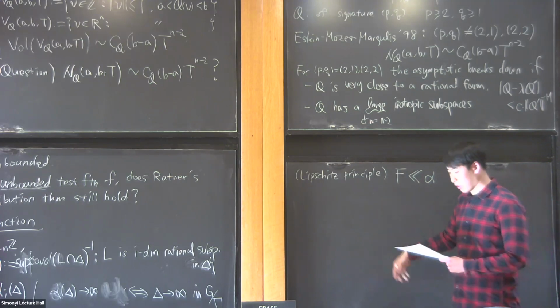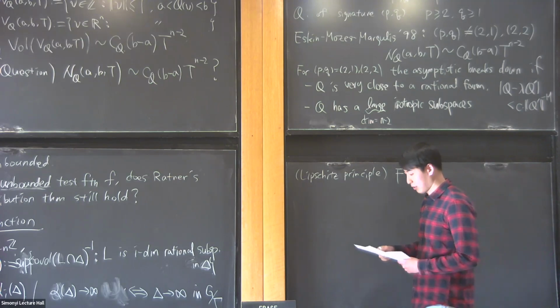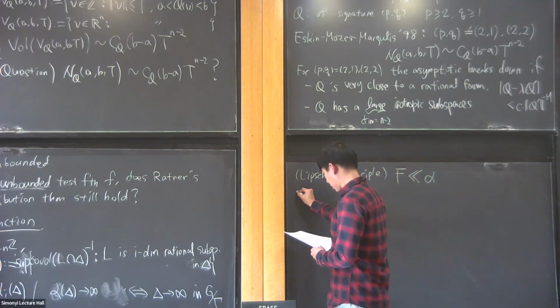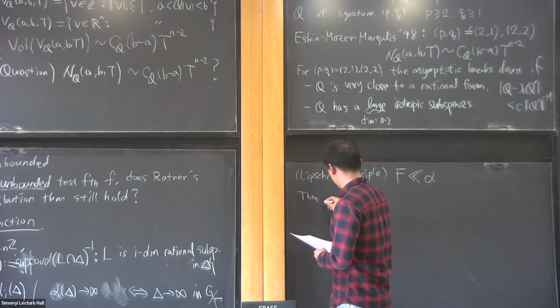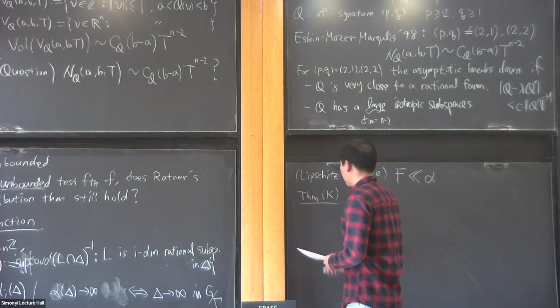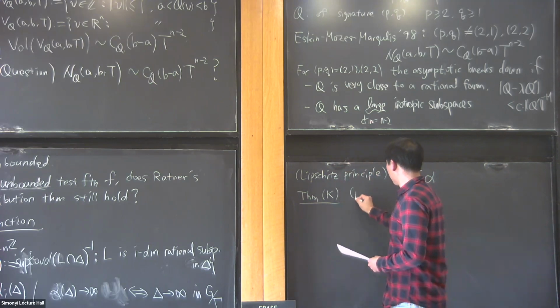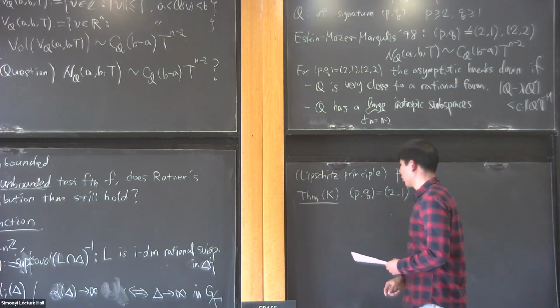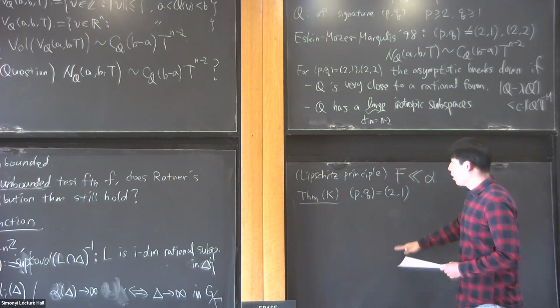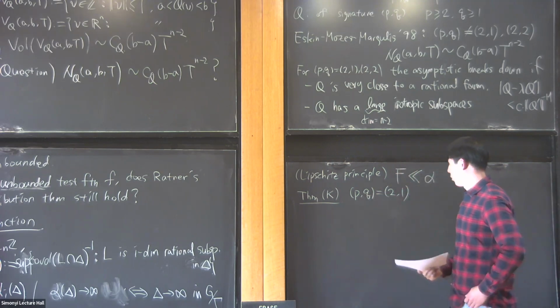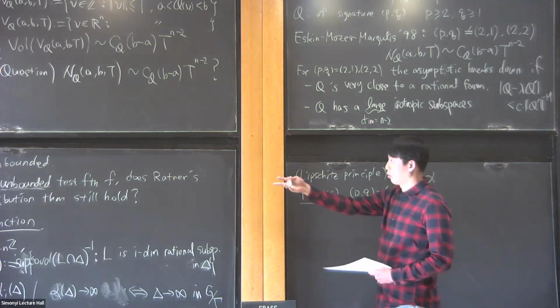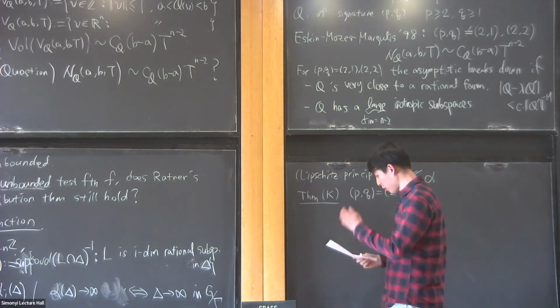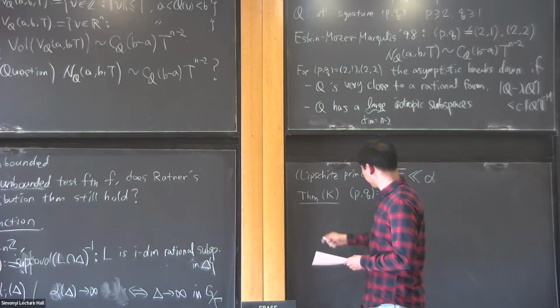Let me write the more precise statement. So the key ingredient for the quantitative non-divergence result for the 2-1 case is the following.